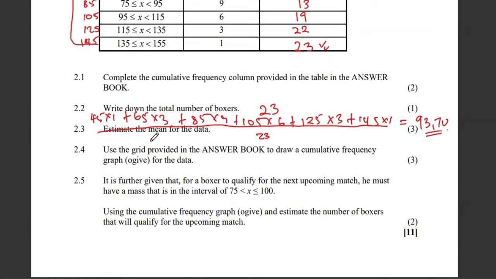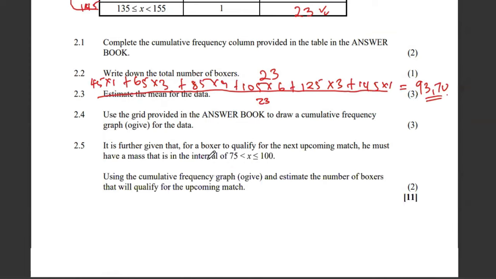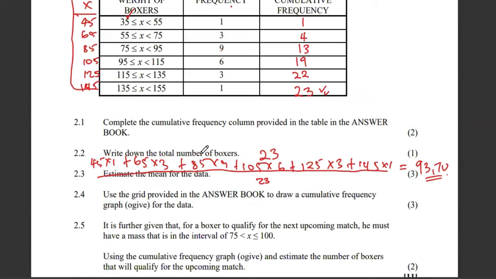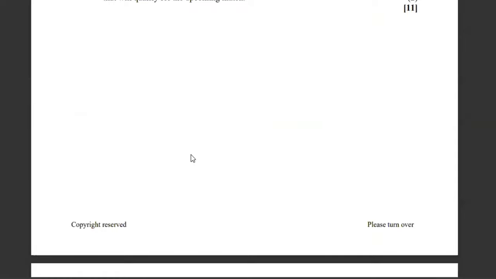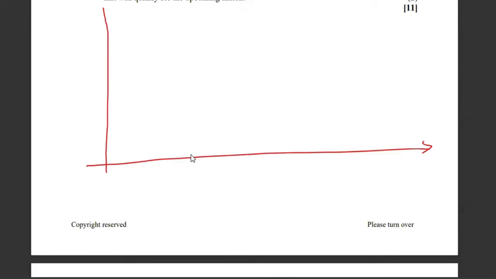And then on the grid, they want you to draw the cumulative frequency or the ogive. Let's see, I think we can squeeze it down here. Okay, so meaning that this is the weight. This is going to be our cumulative frequency. So let's start with a 5.